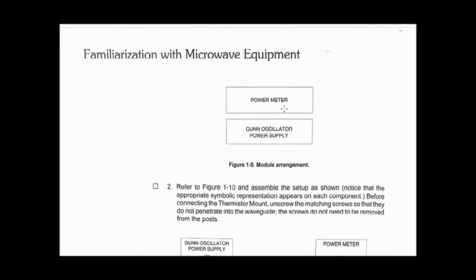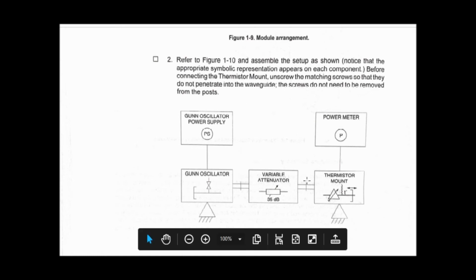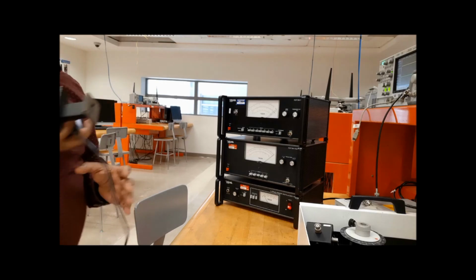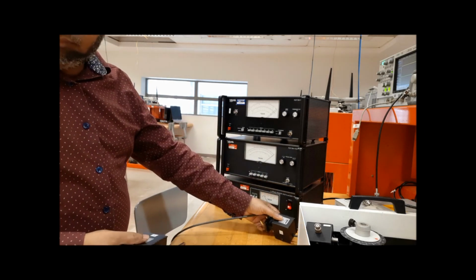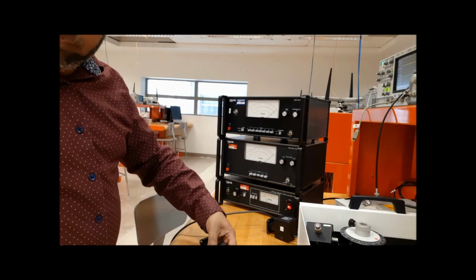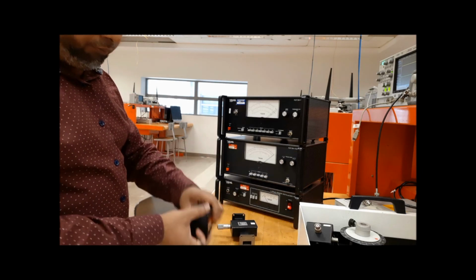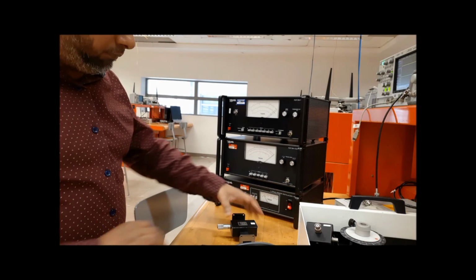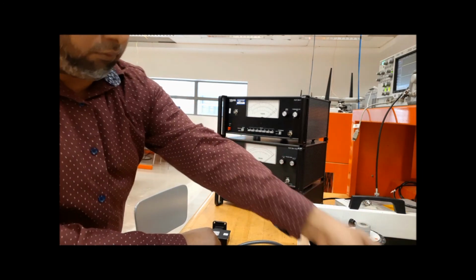Measure the power using the power meter. To measure this, we need these equipment connected this way. The Gunn oscillator will be connected with a variable attenuator and thermistor mount. Let's watch the video here to see how we can connect these components and prepare the setup.